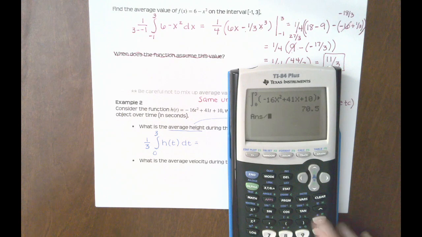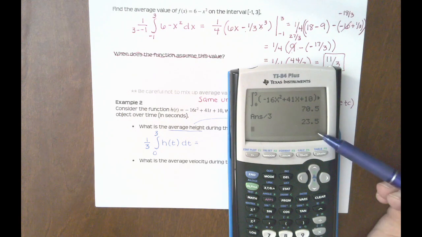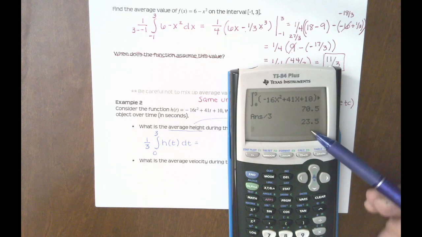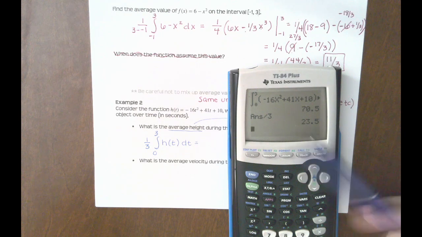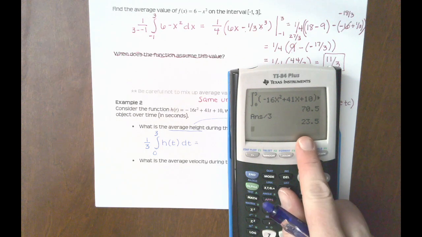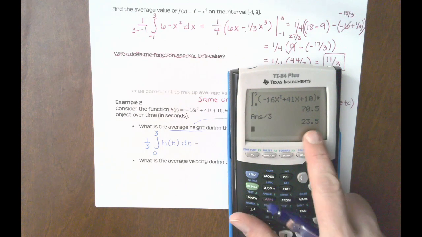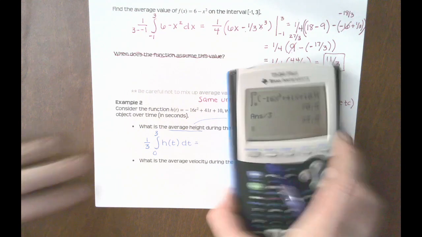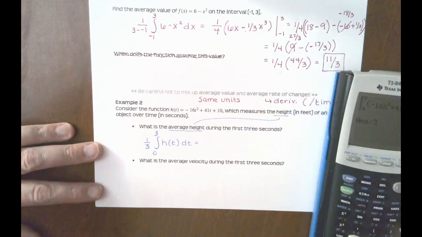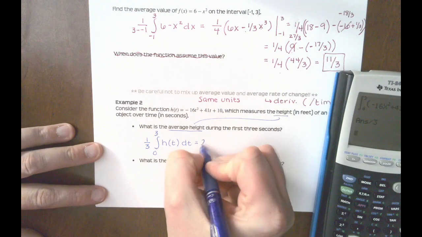But if I then take that and divide by 3, which is the same as multiplying by 1/3, now this is the average of all of those heights. So if I look at how high I got and how low I got, and added up all of those possible heights and divided by the 3 seconds, this is how high I was. This is the average height that I reached. So 23.5 feet.